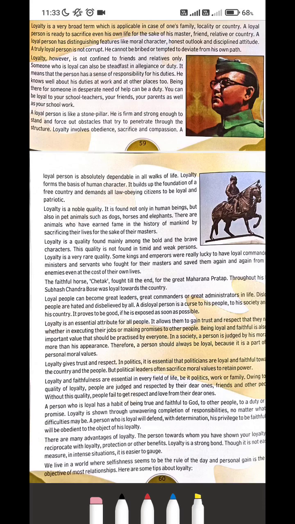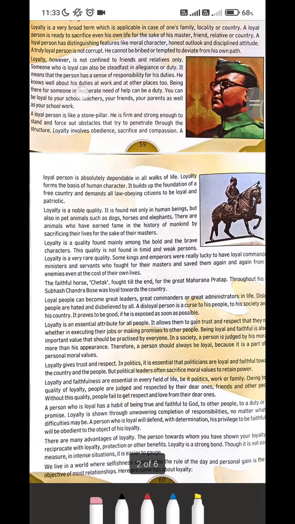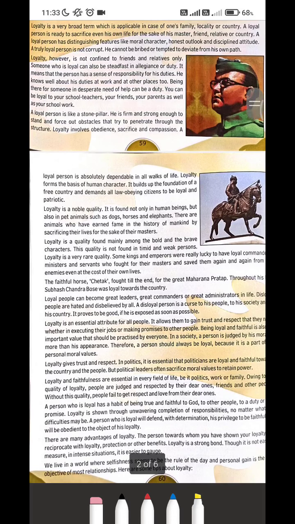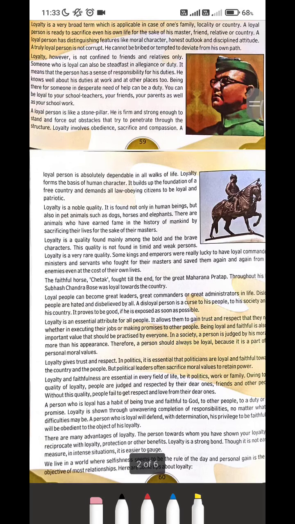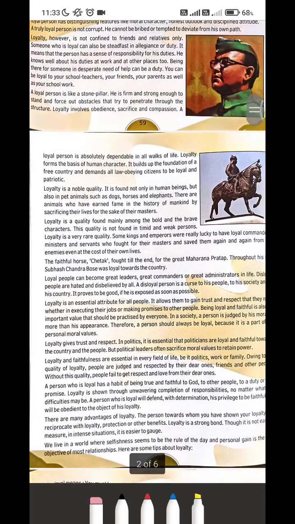Being there for someone in desperate need for help can be a duty. You can be loyal to your school teachers, your friends, your parents, as well as your school work.